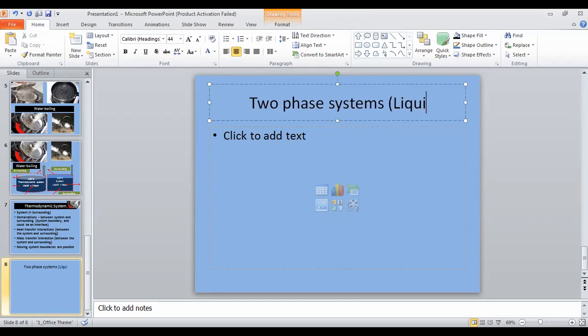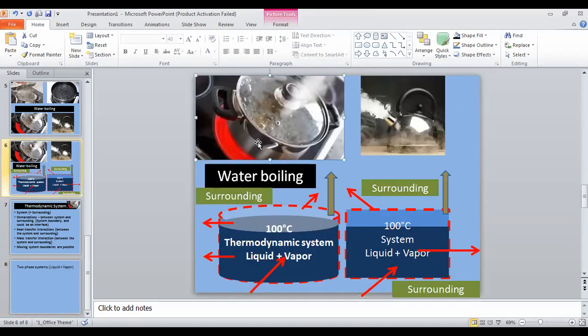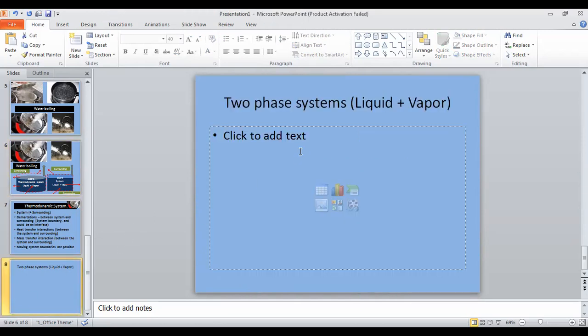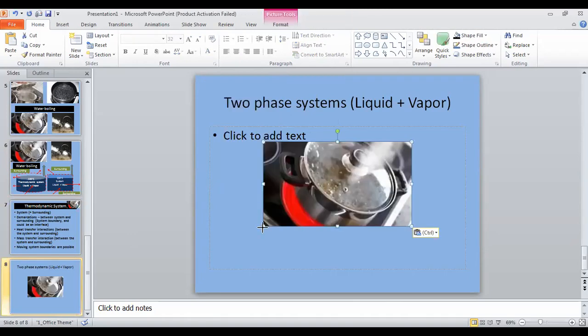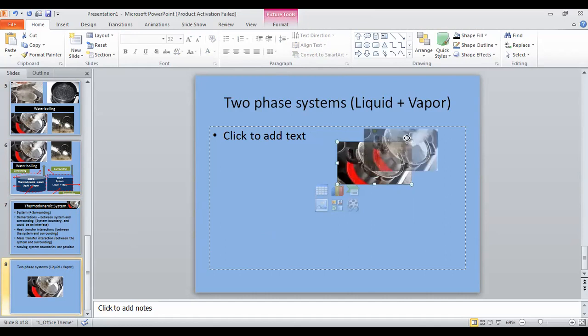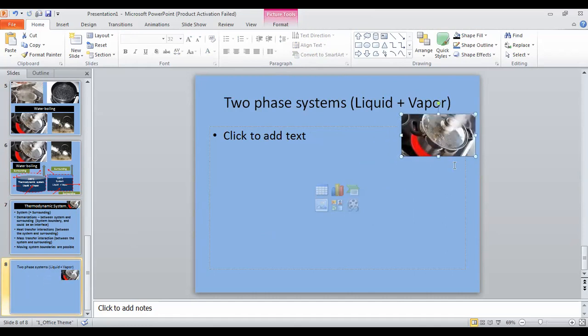Liquid plus vapor. Okay, here liquid plus vapor here. Two-phase system. So this is the one. Two-phase system. Okay, good.